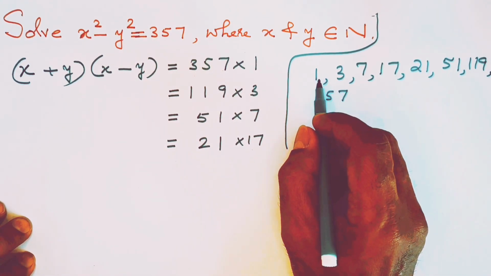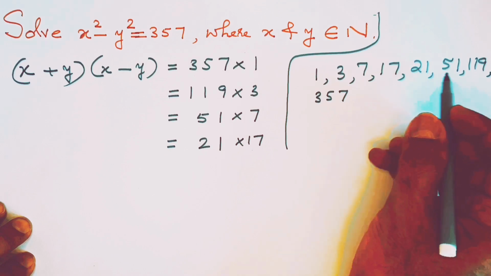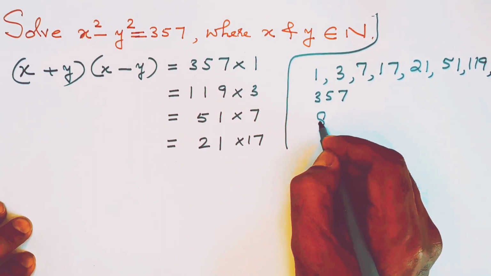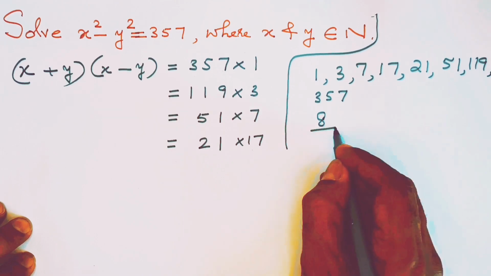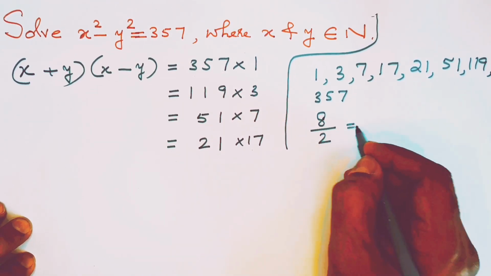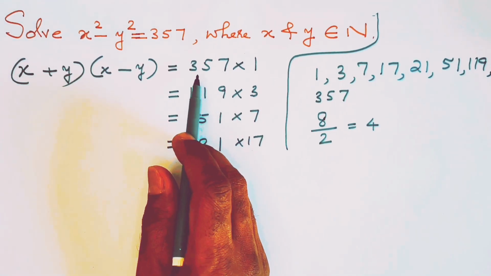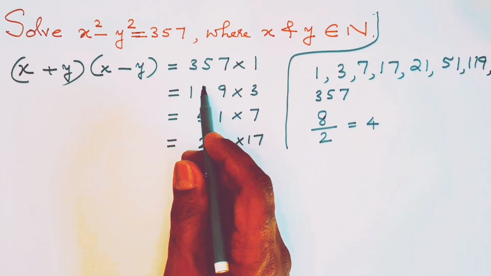Now you count the number of factors: 3, 5, 7, 8. So there are totally 8 factors. You just divide that number of factors by 2. You get 4. And 4 is the number of ways of splitting 357 as a product of two numbers.